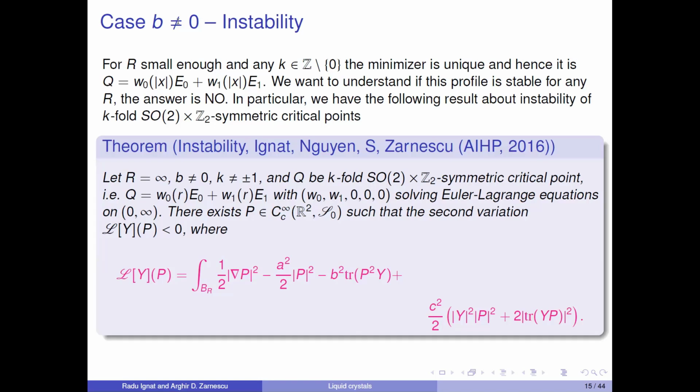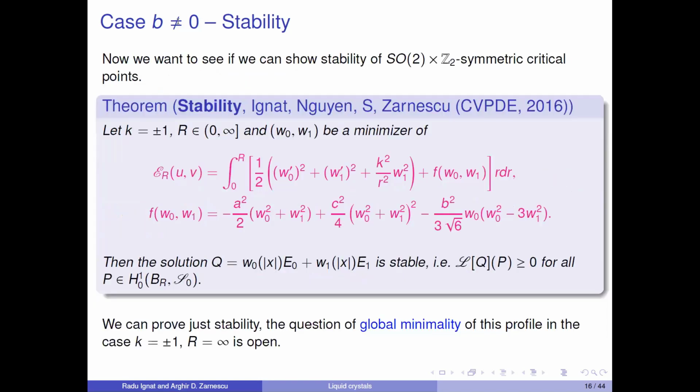And in order to do this, you don't actually need to understand the whole shape of this special solution, but just what happens at infinity. And again, at infinity, you have better information because you can do some linearizations and like that. But things are harder if you want to prove stability. Because to prove instability, you have just to provide a P for which things are negative. But to prove stability, you have to show that for every P, things are greater or equal than zero.